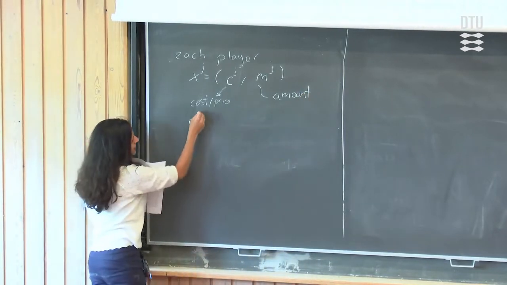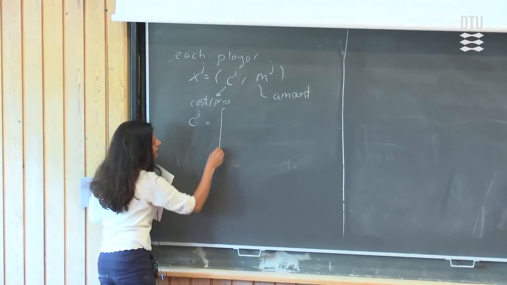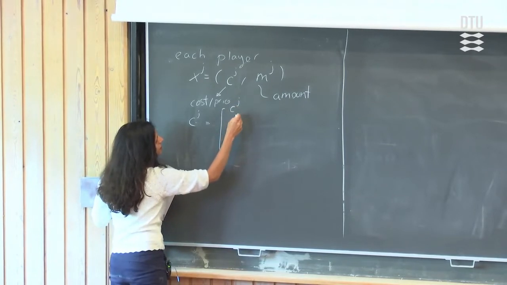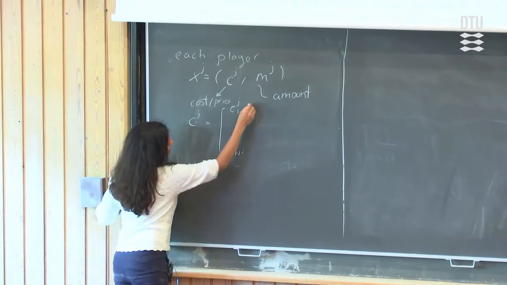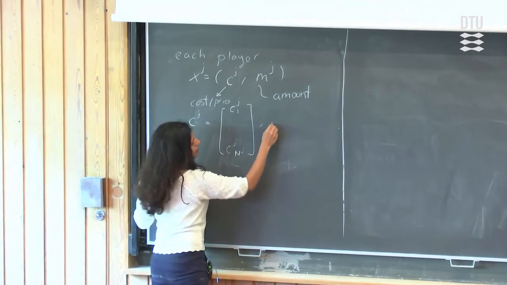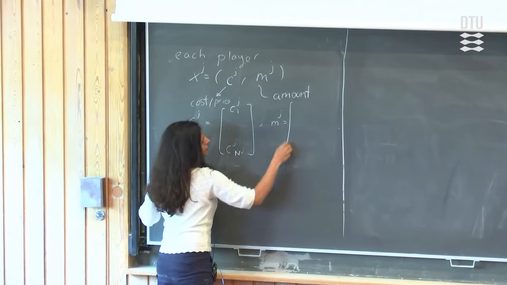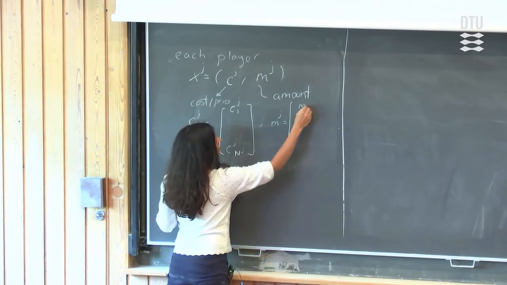And each of them could be multiple, c_j1, m_j1, up to c_jn, m_jn. There could be a set of multiple pairs of price and amount.